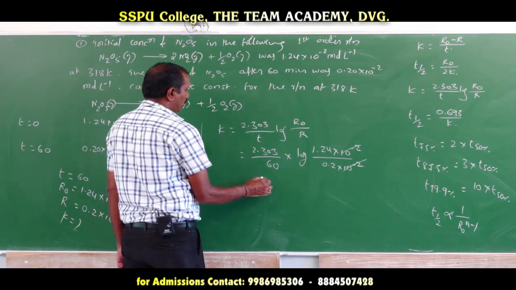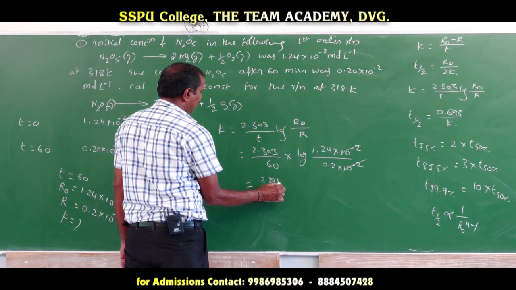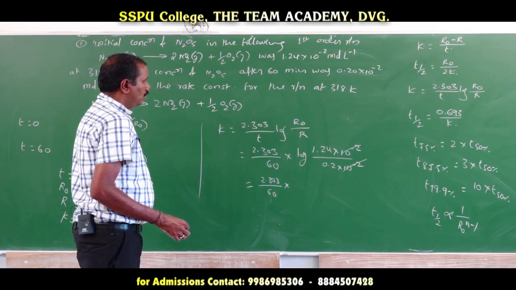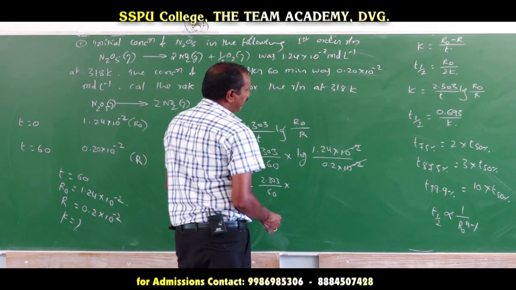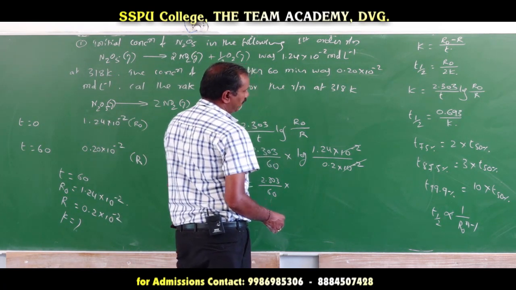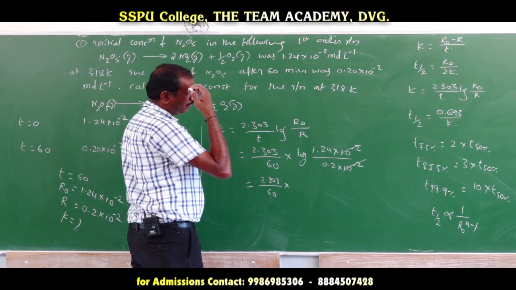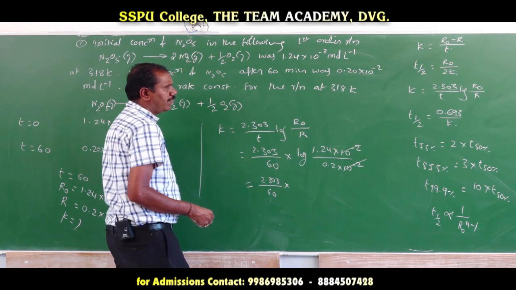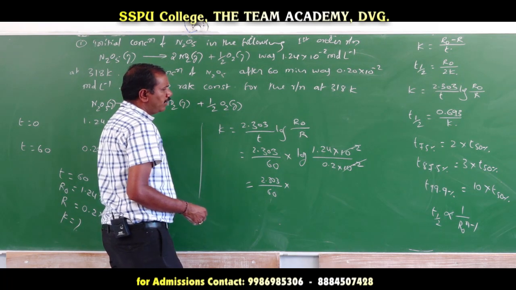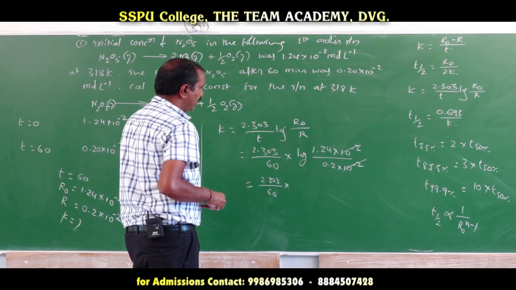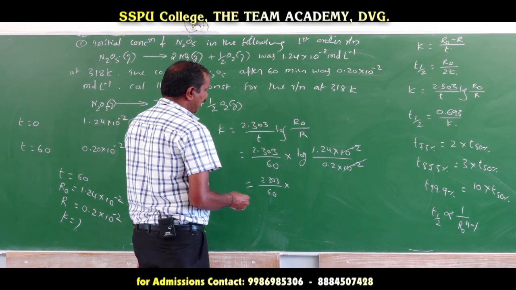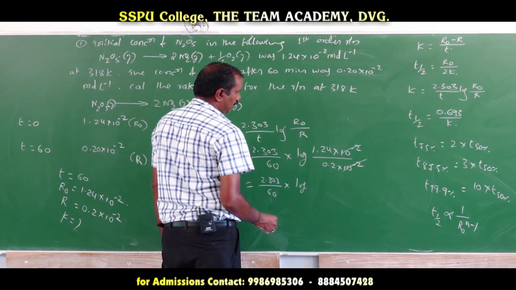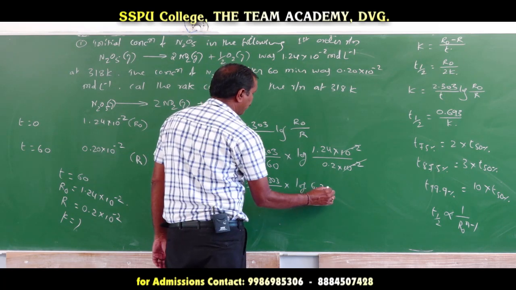So 2.303 by 60 into 1.24 divided by 0.2. Dividing by 0.2 is nothing but multiplying by 5, so 1.24 multiplied by 5, nearly log 6.25.